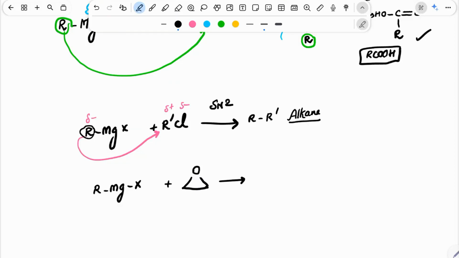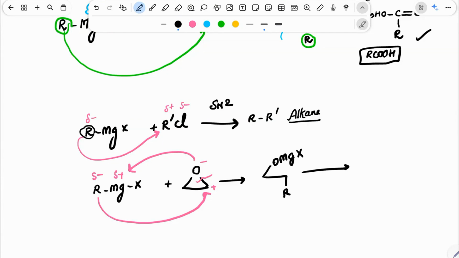And also cyclic ethers I am taking. Here also, when the bond is cleaved, O is minus and the carbon is plus. We know it is plus, it's minus. So minus attacks positive, and we can get this cyclic compound converted into a linear one. So what happened here?